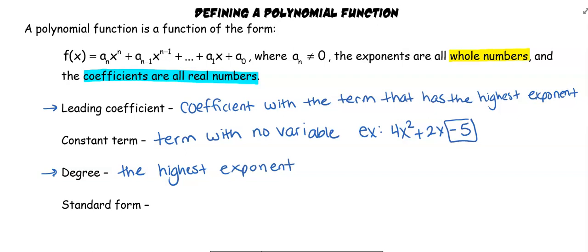Now all of this becomes easier if your equation is in standard form. Standard form is when the terms are written in descending order.